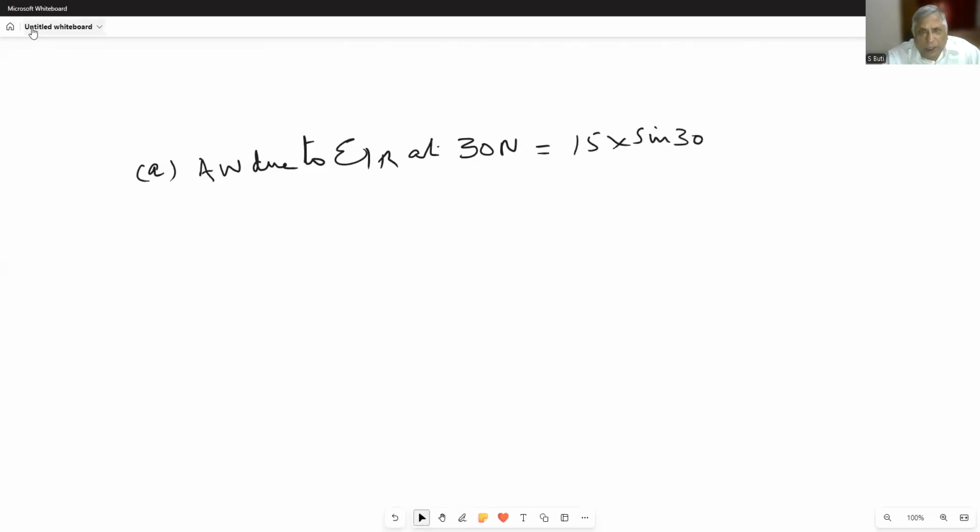That will be 7.5 degrees. If you are in the northern hemisphere, write down readings will decrease. If you are in the southern hemisphere, write down readings will increase. That is a normal gyro.